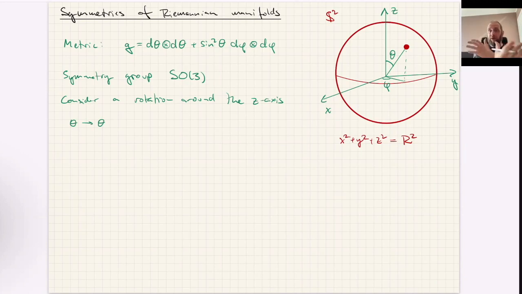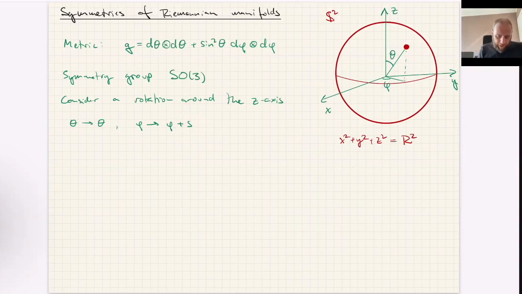So we're rotating around the z-axis, so the angle to the z-axis, which was theta, remains the same. And we would send phi to phi plus s, with s being a continuous parameter. So that would be a rotation of the sphere around the z-axis by an angle s.